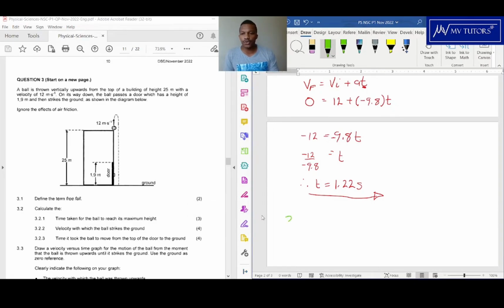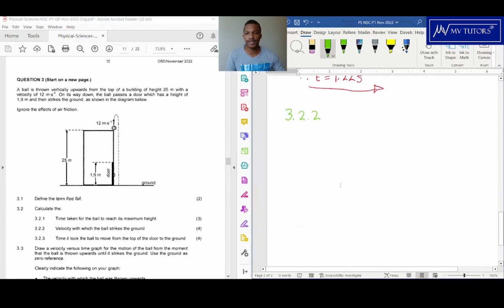Okay, we're going to do 3.2.2 now. It says calculate the velocity with which the ball strikes the ground. Now it's all about choosing the right formula.